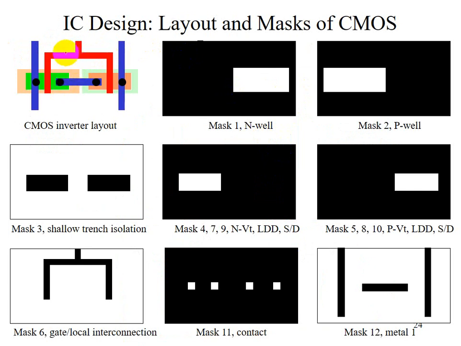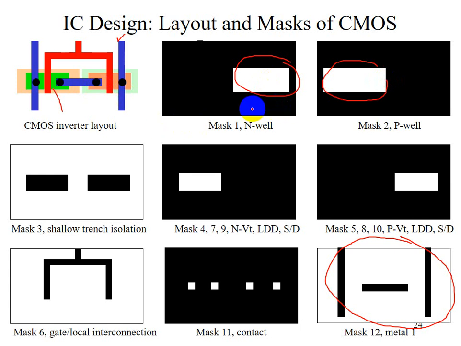As we mentioned, different colors mean different masks. For example, the blue one is the mask here, and the green one is the mask here, mask 1 and mask 2. The green one and the orange one. And this is the so-called gate area, the mask for the gate.